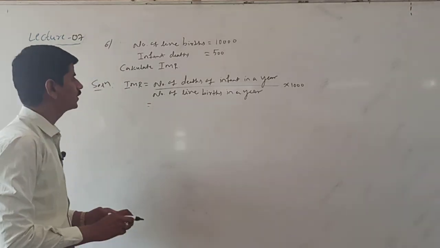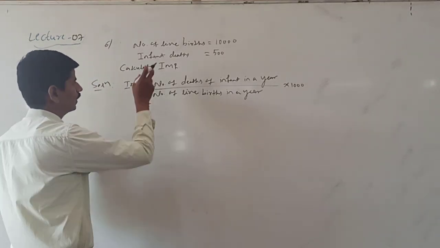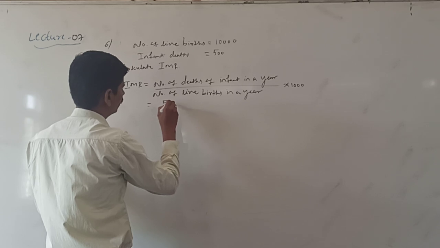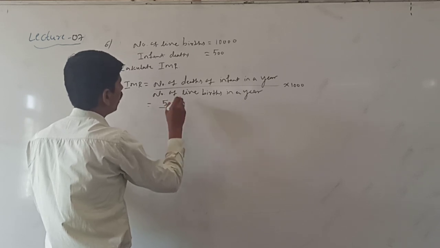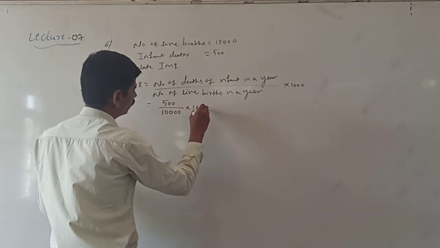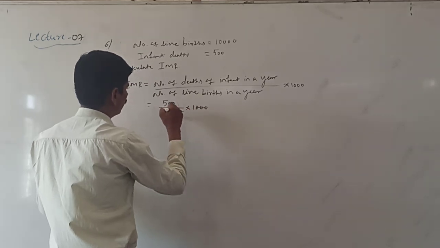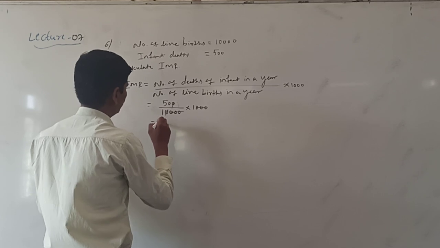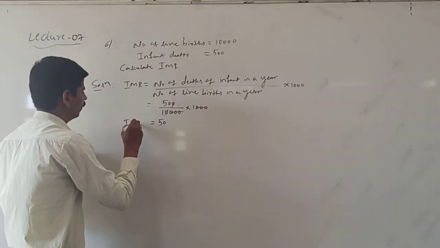See, substitute values: number of deaths 500 divided by number of live births 10,000 into 1000, then we will get 50. IMR equal to 50.